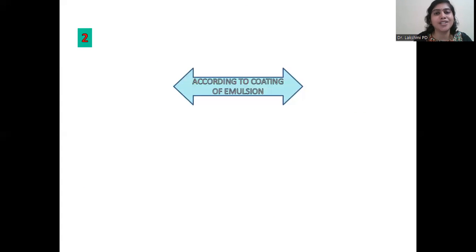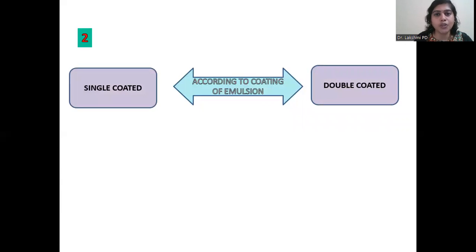Now, the second classification is based according to the coating of the emulsion. Emulsion is a principal component of our X-ray film, which I'll deal with in the coming slides. So according to the coating of the emulsion, you've got single coated films and you've got double coated films. Single coated films are films in which you have only a single layer of emulsion over the base, and in double coated films, you have 2 layers of emulsion on either side of the base.